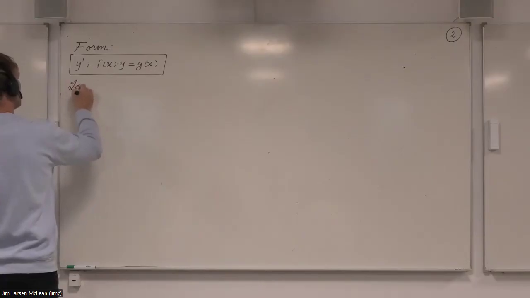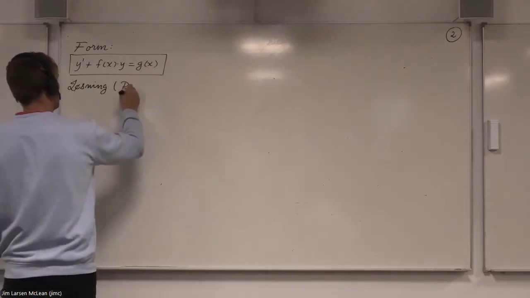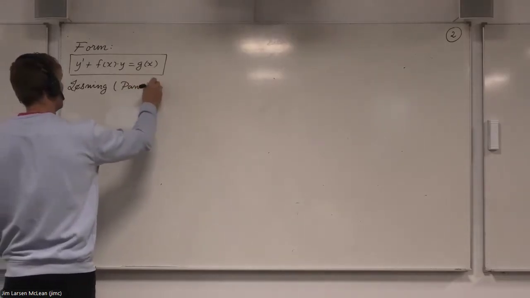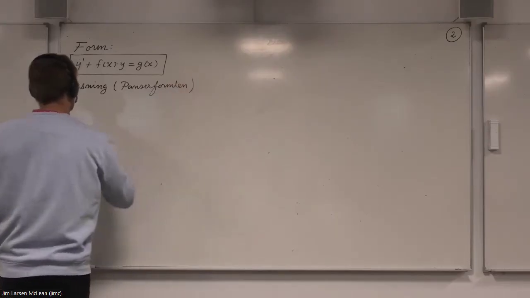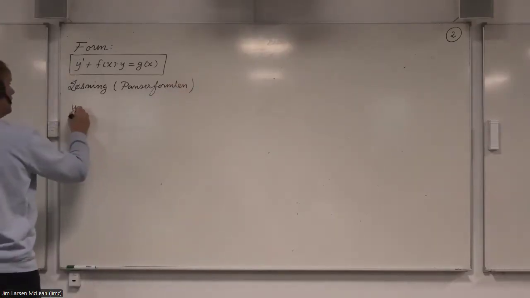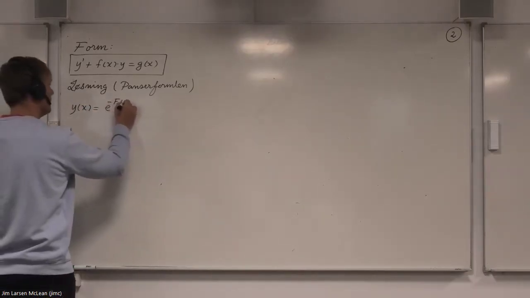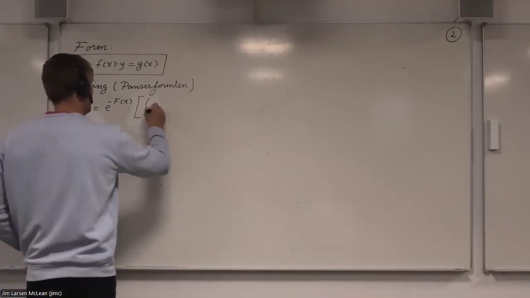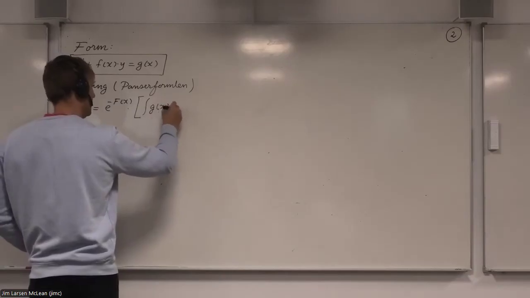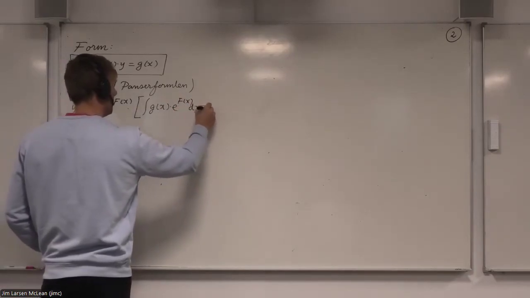This is what we call the exponential form, which states that the solution y of x, the function of x we are looking for, is Euler's number raised to the power of minus an antiderivative of f, times parentheses the integral of g multiplied by e to an antiderivative of f, and then plus some constant.